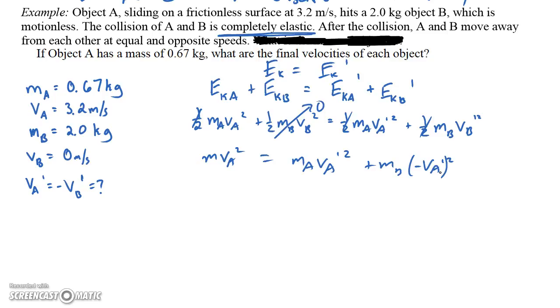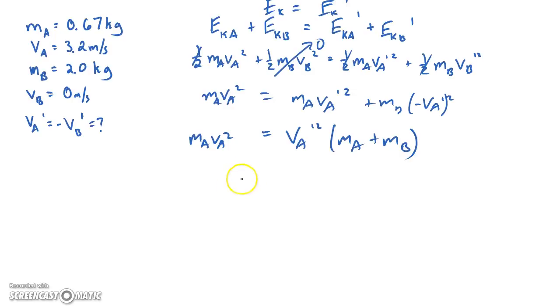Now, obviously squaring the negative means it's not going to make a difference, so we actually just end up with VA prime squared that we can factor out of this equation, and we get MA plus MB. And so VA prime squared is equal to MA VA squared over MA plus MB.